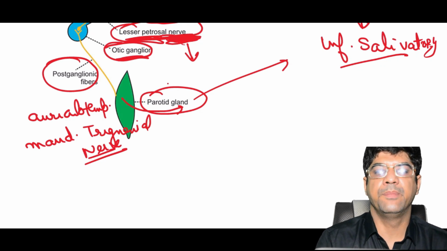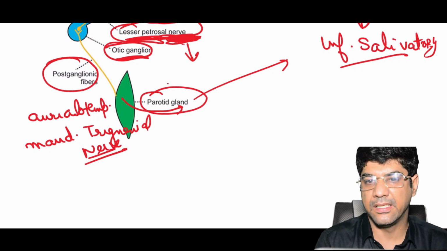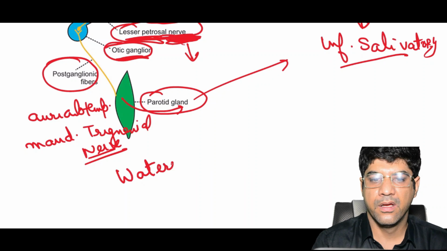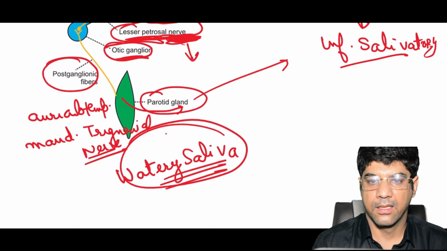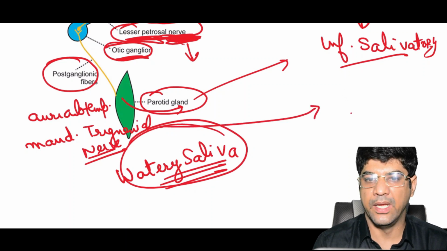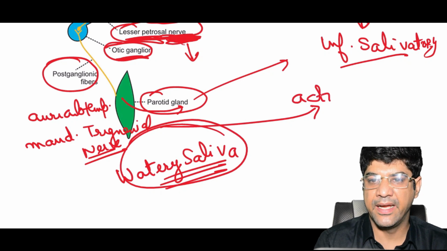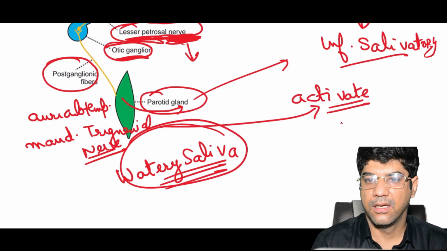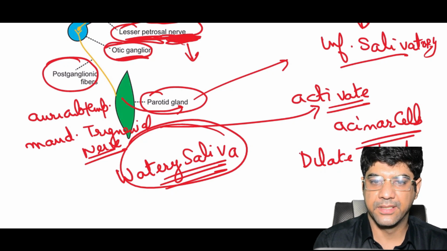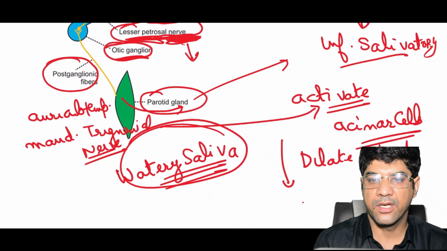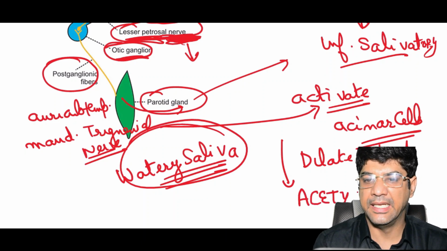So remember, the function of parasympathetic fibers includes stimulating the secretion of a large quantity of watery saliva. This happens because parasympathetic stimulation activates acinar cells and dilates blood vessels in the salivary glands, and the neurotransmitter involved is acetylcholine.